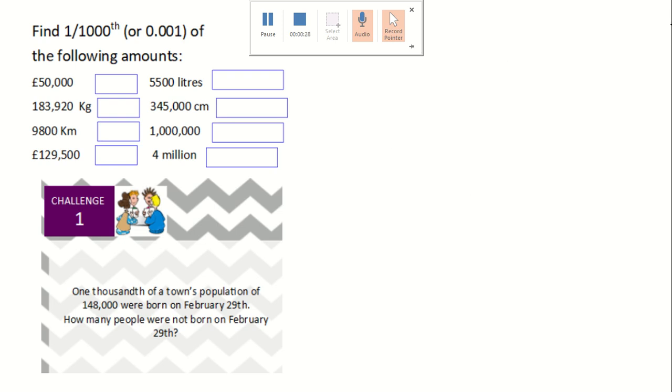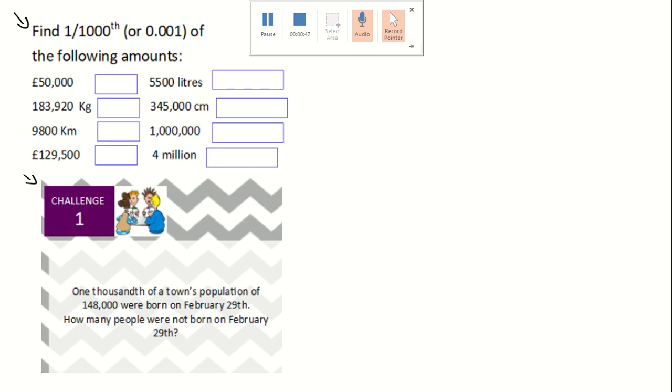So you'll see in your task you've got questions like this on your slides. Find a thousandth of these amounts. So find a thousandth of £50,000. What? And if you look at the challenge, 1,000th of the town's population is that. How many were not born?